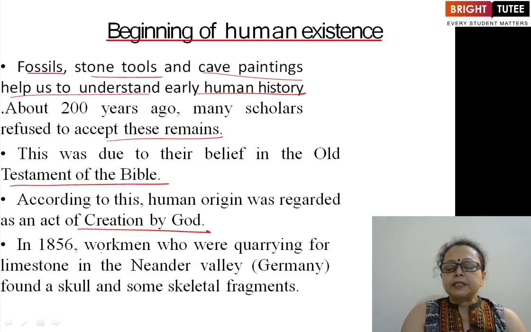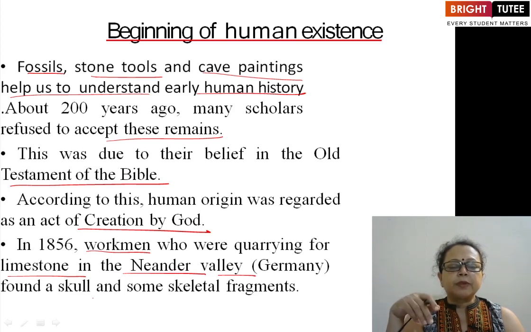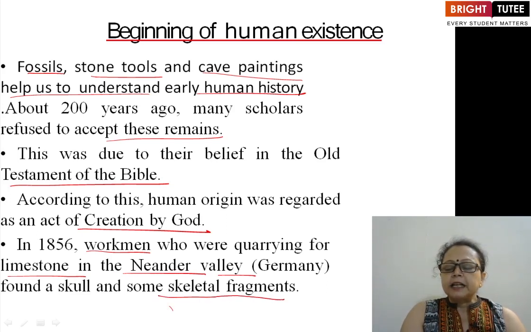In 1856, workmen who were quarrying for limestone in the Neander Valley in Germany found a skull and some skeletal fragments.